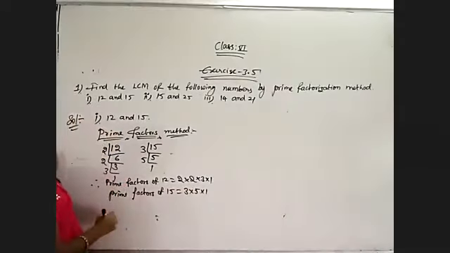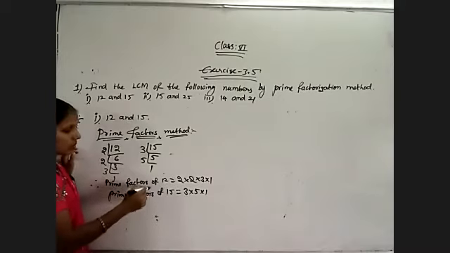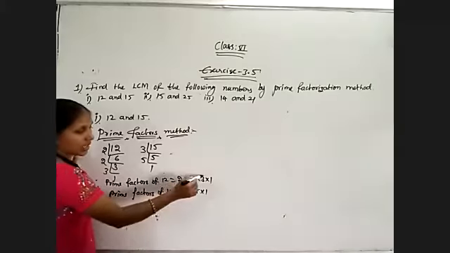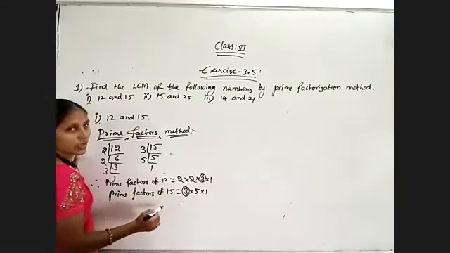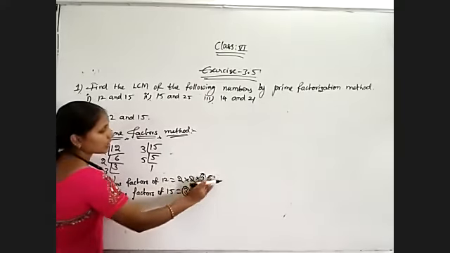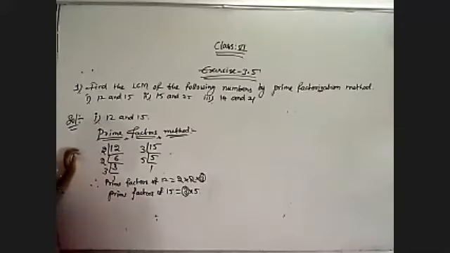And we have to identify what are the common factors, that means which are present in both the given numbers. So 2 is not there. 3 we have in common with both the numbers, and 1 we shouldn't write. So only 3 is the common factor for both the numbers 12 and 15.